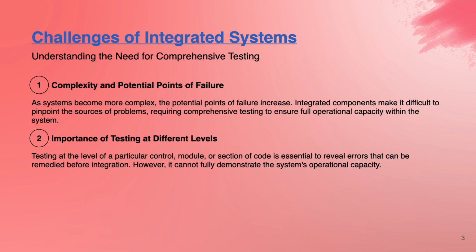So friends, testing at different levels is like making sure every part of your fortress is strong and secure. We check the walls, gates and the guards individually to find and fix any problem before putting everything together, and this helps us make sure our fortress works well as a whole and can protect our treasure effectively.